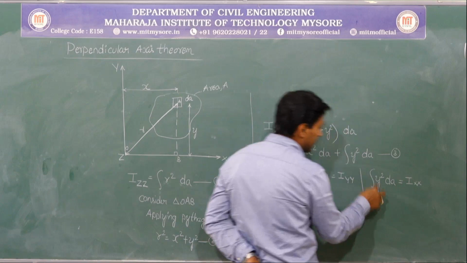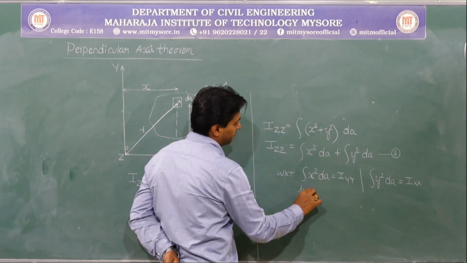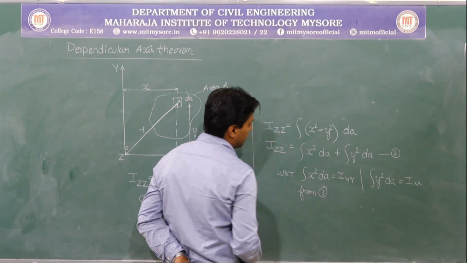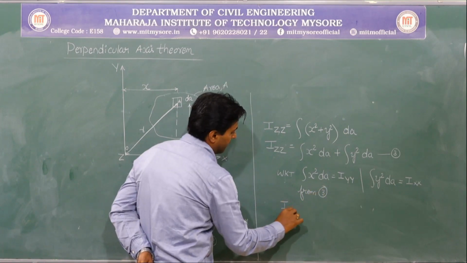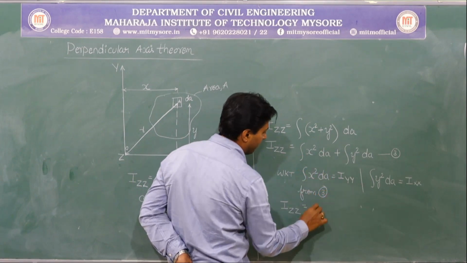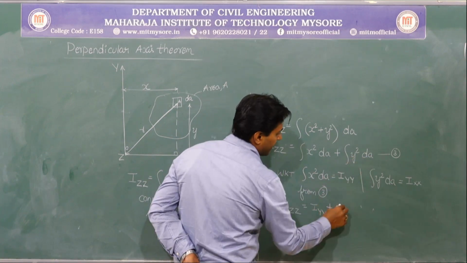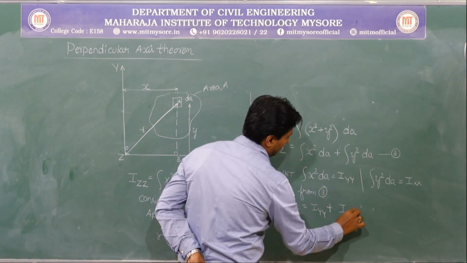Substituting this in equation 3, Izz is equal to the integral of x square dA, which is Iyy, plus the integral of y square dA, which is Ixx.